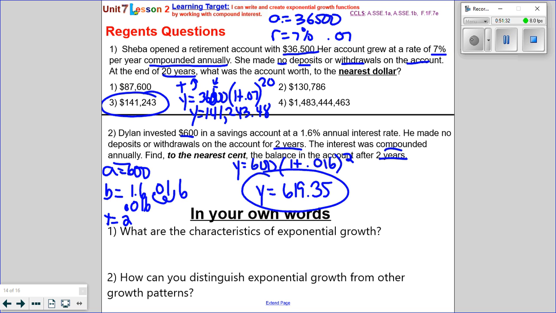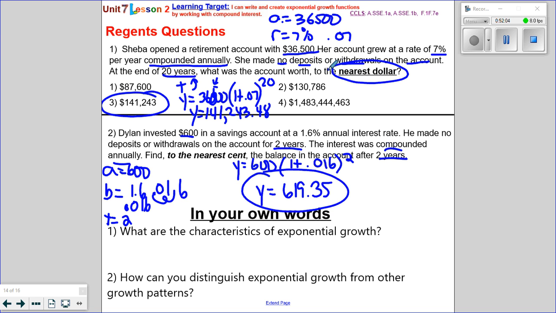It's just to the nearest dollar. Number 3, that's the choice. All right, I'm sorry. So hopefully you heard me. Regents question number 3 is your answer.